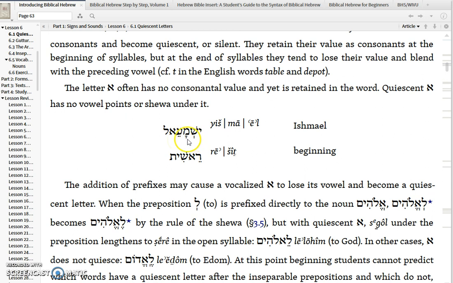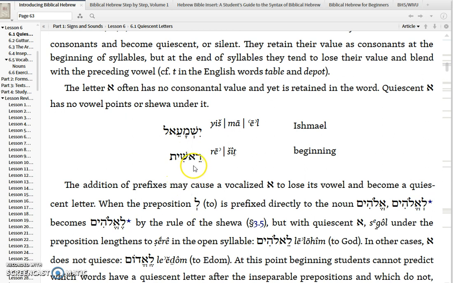Should have been Yishmael. But what's happened is that the vowel has moved backwards, and now the aleph is quiet. It's as if it weren't there. If you deleted it, you'd still pronounce it Yishmael, with or without the aleph.